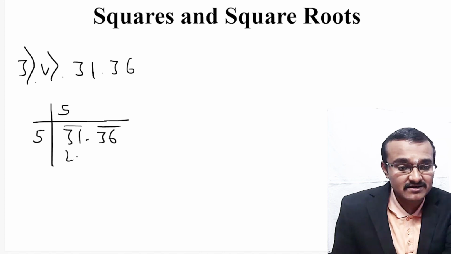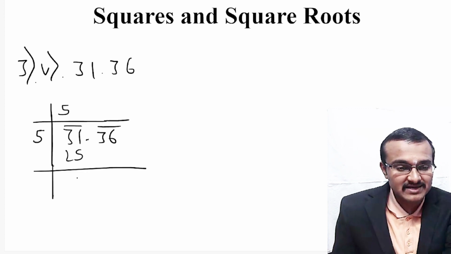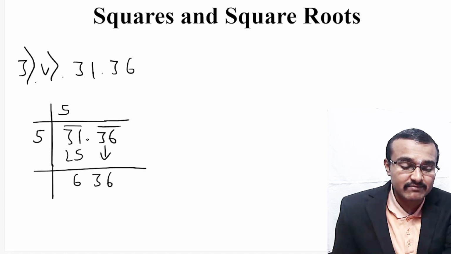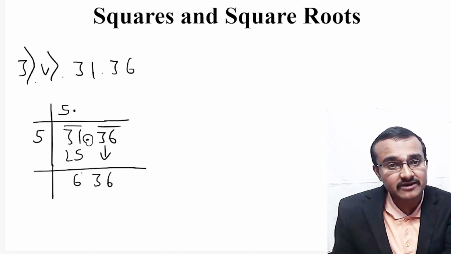So 5 5s are 25. When you do 31 minus 25, you will get 6 here. Take the second group downside, so it will become 636. Since you are taking a number which is after the decimal point, you should put a decimal point in the quotient as well.